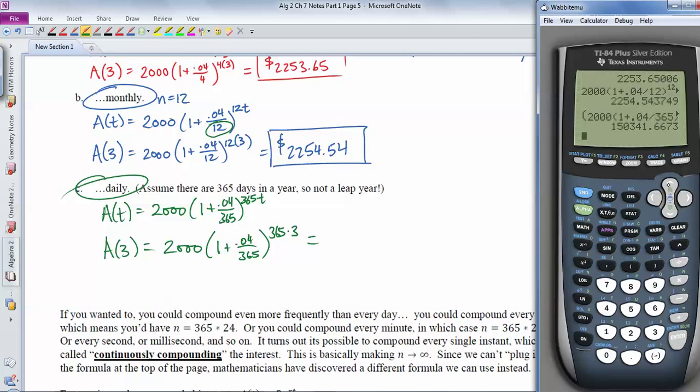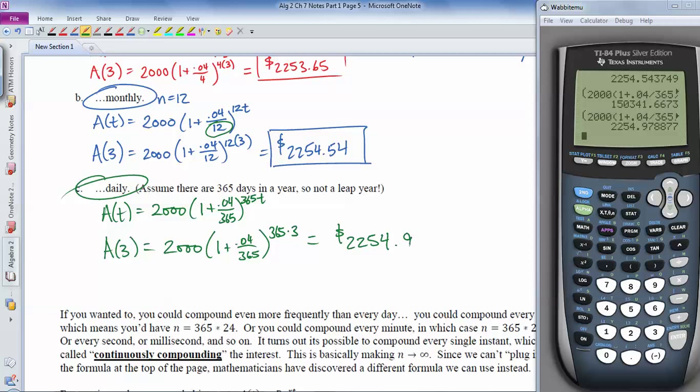What did I type in up here? Oh, I still have that 12 to the 3rd up above. Okay, so I gotta get rid of that. Yeah, that seemed way too big. Let's see. There we go. That seems more reasonable. $2,254. And that would be 98 cents if we round to the nearest cent.